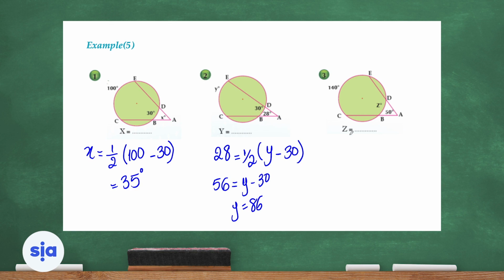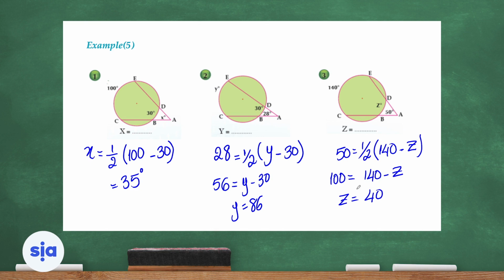For question 3, the 50 equals half arc CE minus arc BD. So the 100 equals 140 minus z, then z equals 40.